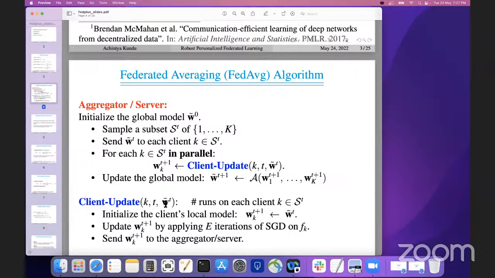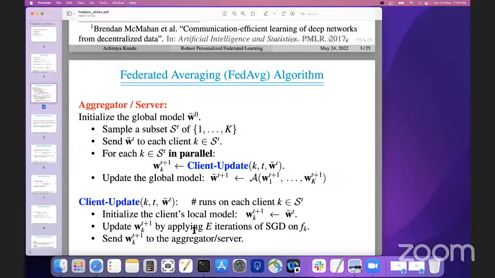Okay, I was asking because the processing power may be different for different clients, right? Yes. So in our model, we are not asking each client to do the same amount of computation. Whatever computation it can do, that itself will be beneficial. Okay, thanks. So that was one difference that all these later versions are incorporating.